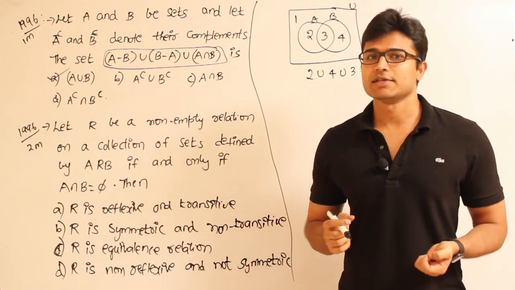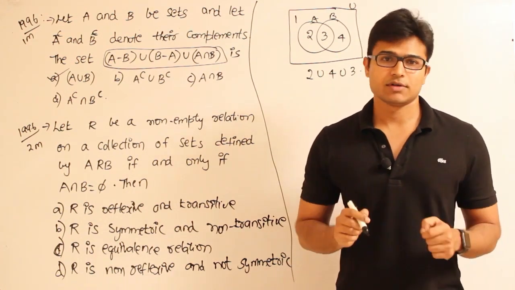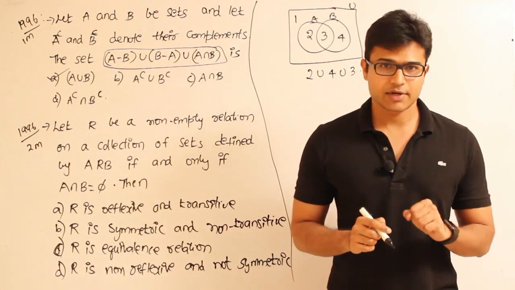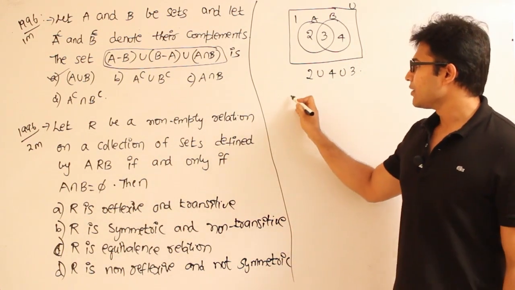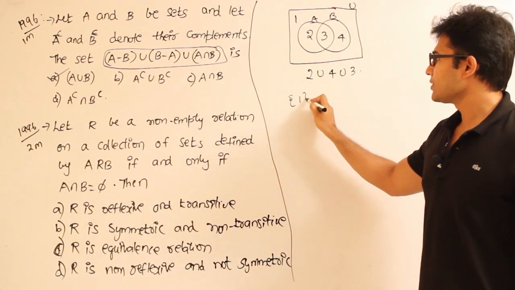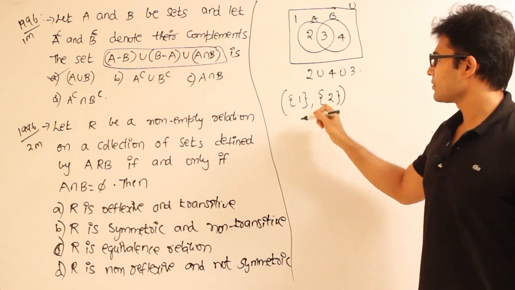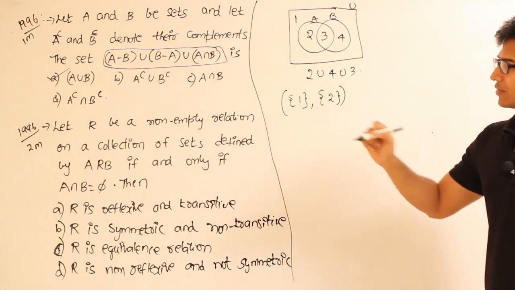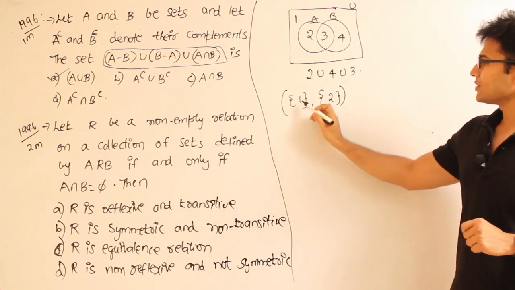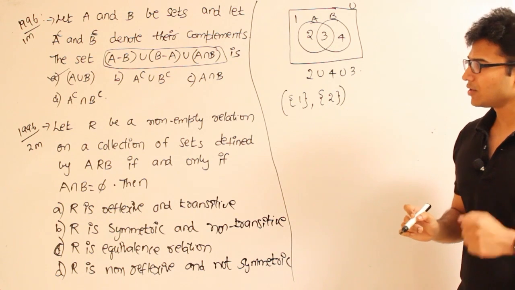In that set of all sets, two sets are related only when the intersection is ϕ. For example, you can have this set like this. This is an ordered pair, right? And this ordered pair belongs to the relation. Why does it belong? Because the intersection of these two is equal to ϕ.